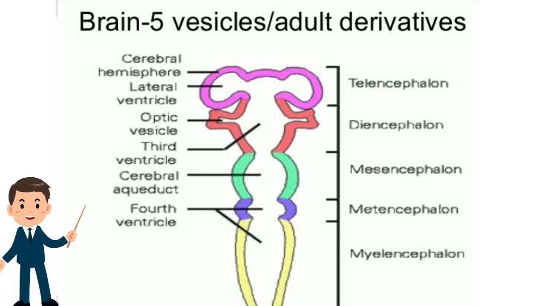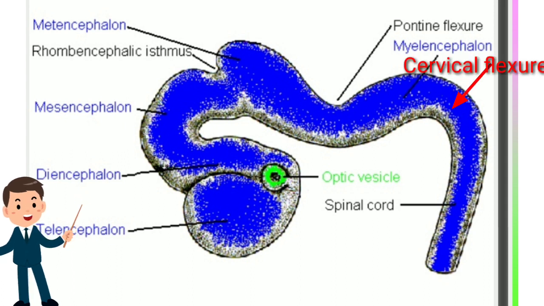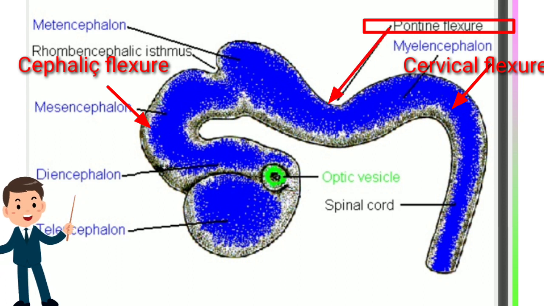Next, let us see about the flexures of the neural tube. The unequal growth rate of various components of the neural tube results in flexures. There are four basic flexures of the neural tube: cervical flexure, cephalic flexure, pontine flexure and telencephalic flexure. The cervical flexure is situated at the junction of the spinal cord and hindbrain.